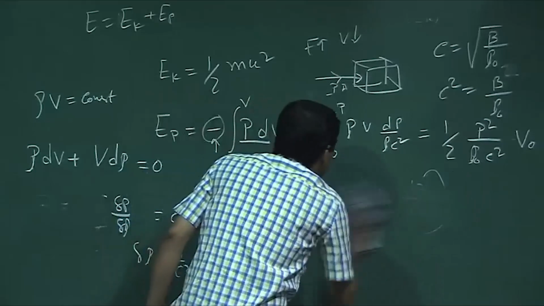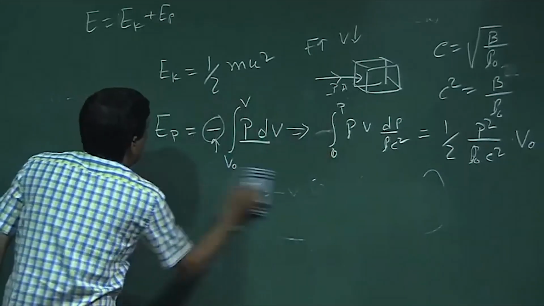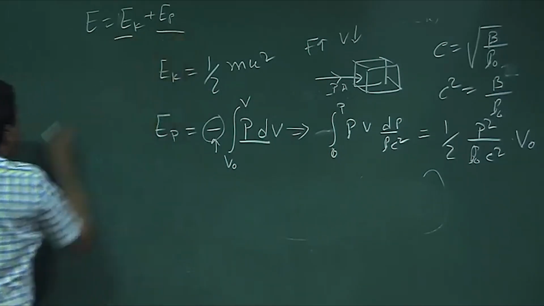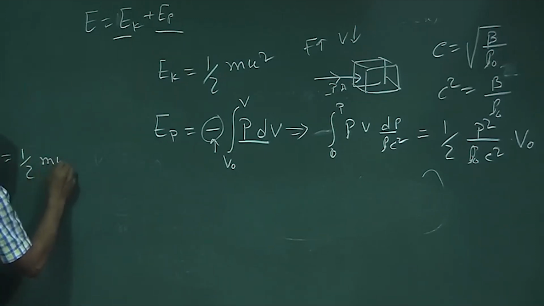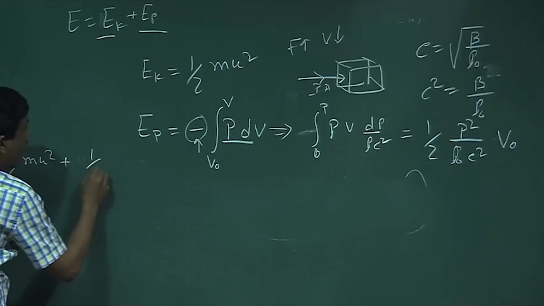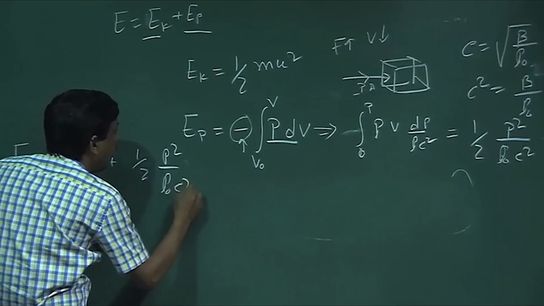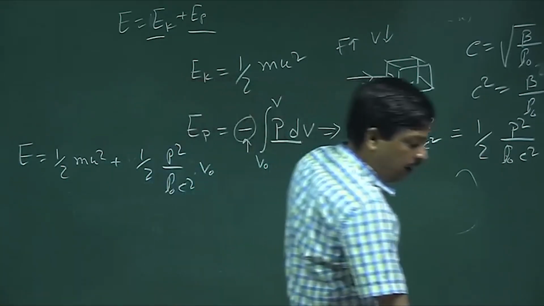Okay. So, if it is that, then what is the total energy? Total energy is nothing but kinetic energy plus potential energy. So, energy is equal to half m u square plus half P square by rho 0 C square V 0.